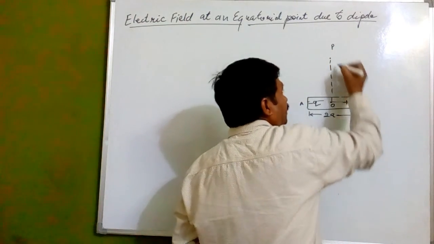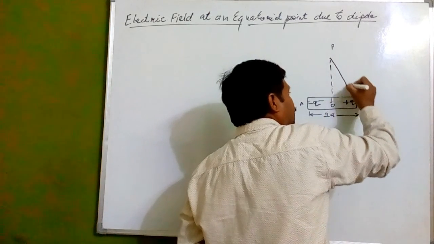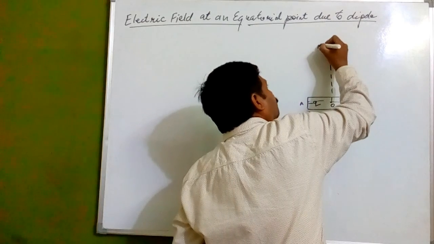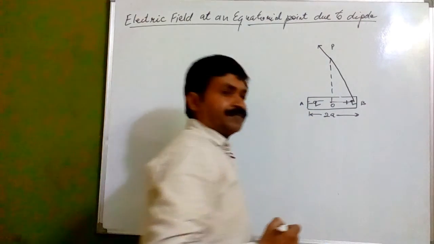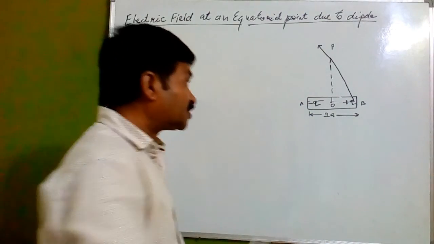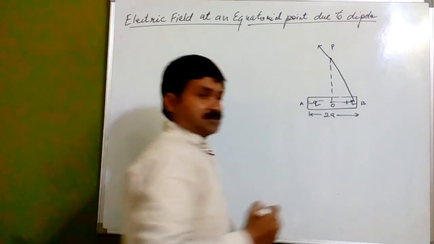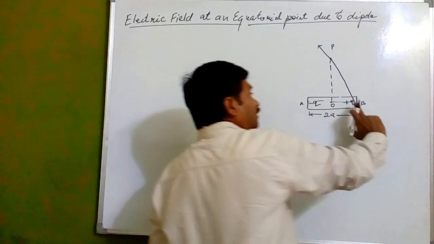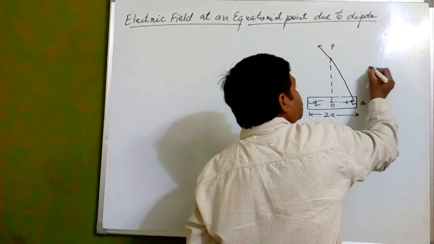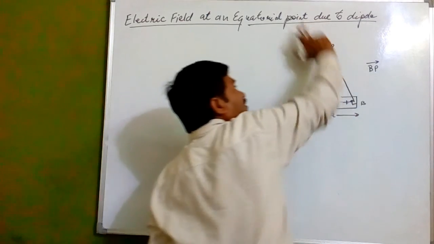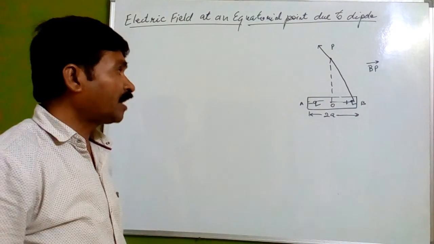Here it is a positive charge and this is also a positive charge, so there will be a Coulombic force which will be repulsive. That's why its direction is like this, from B to P. We can say the force is acting from B to P in this direction.